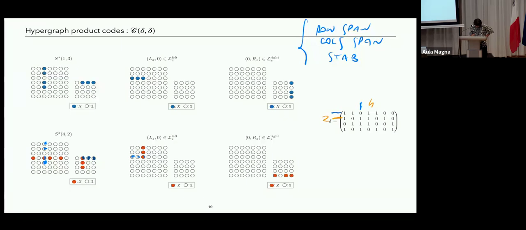They overlap if I take the transpose of one and the other. The support is on qubit number 1, 2, 3, number 4, and here is number 3. So I have to look at the index. That is 1, 2, 3, 4.